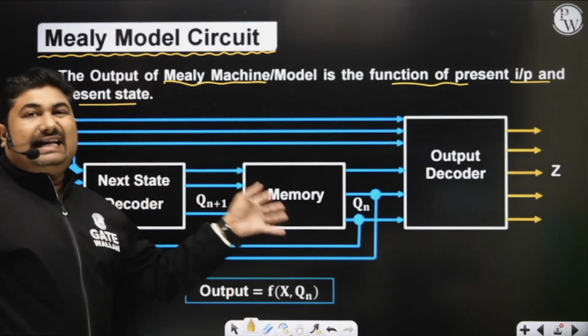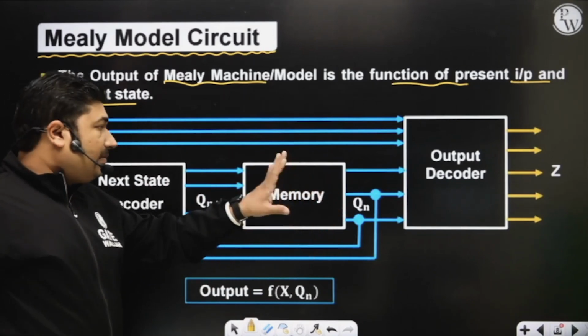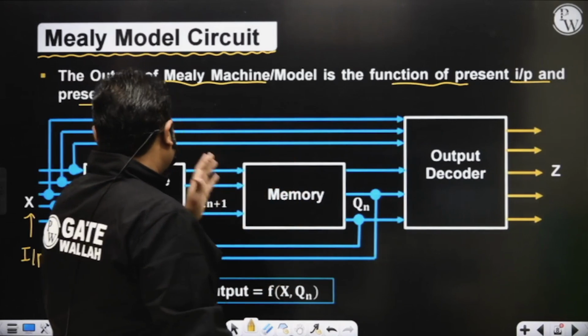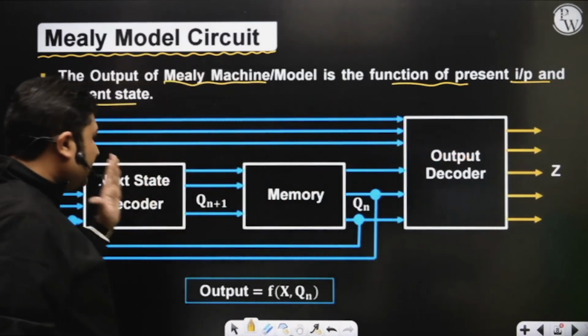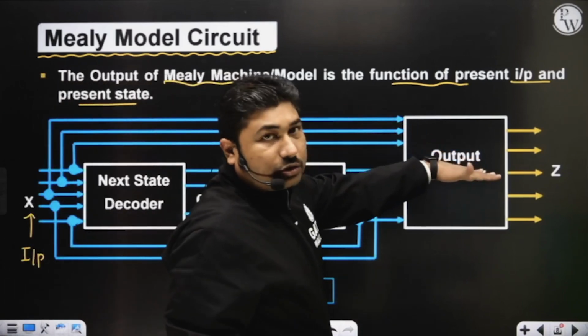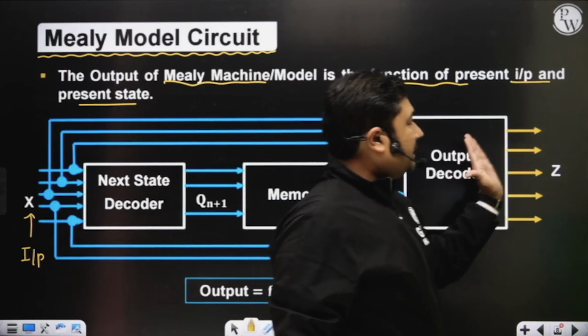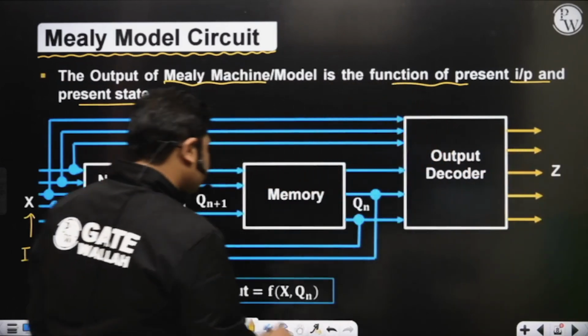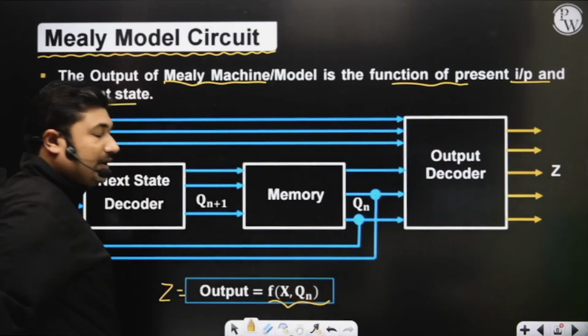Then we will have the next state Qn plus 1, which is again stored in a memory. Some of the next state and input goes to the output detector, and the output is a function. Z is a function of X and Qn both.